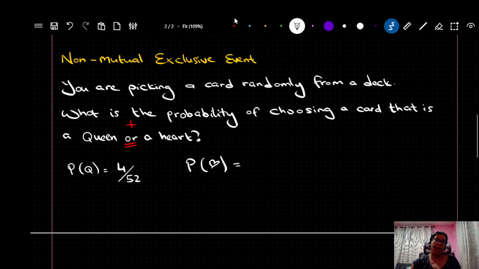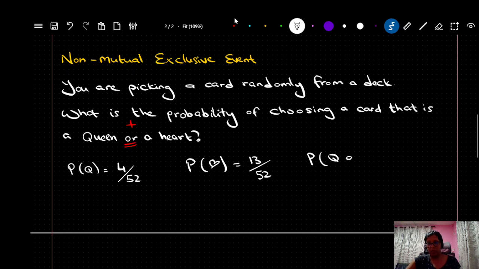Each one of those has a heart sign, so it's 4 cards. So 9 plus 4 is 13. So out of a deck of 52 cards, the probability of having a heart is 13 over 52.